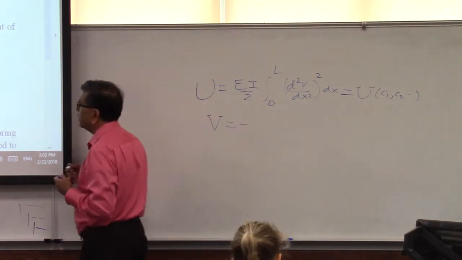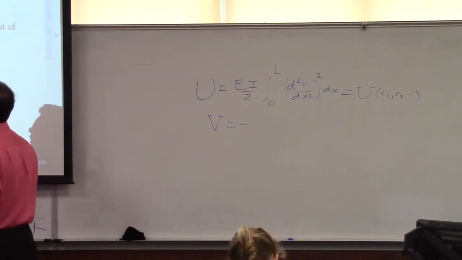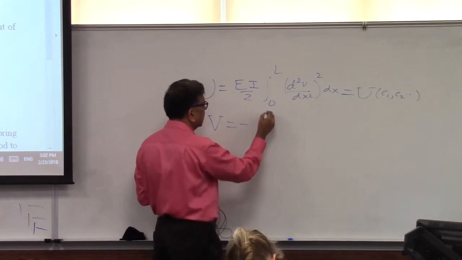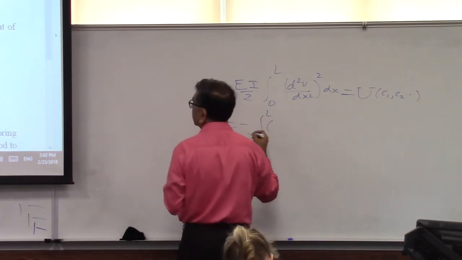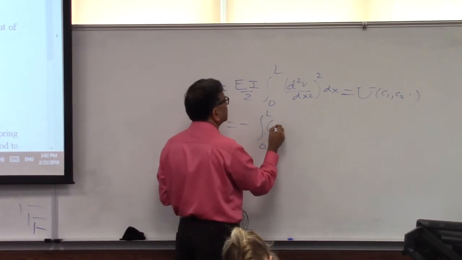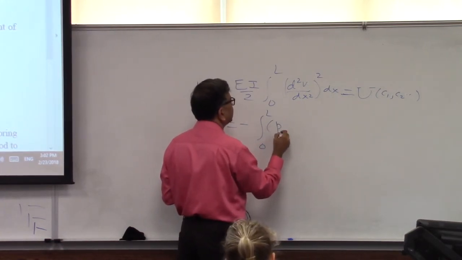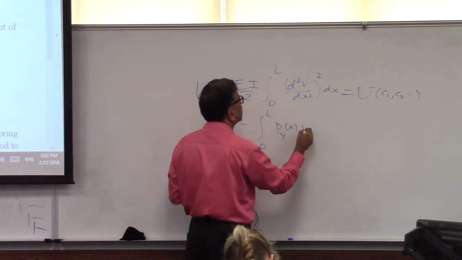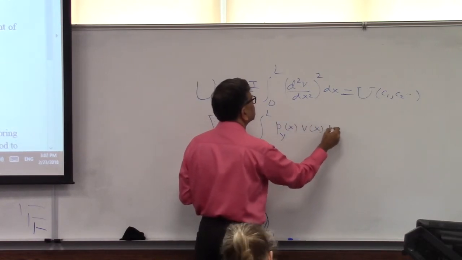In this case, there are two types of forces, a distributed force and a couple. For the distributed force, integral 0 to L, the distributed force itself is a function of x. So you have to figure out that function, Py(x), then times v(x) dx.